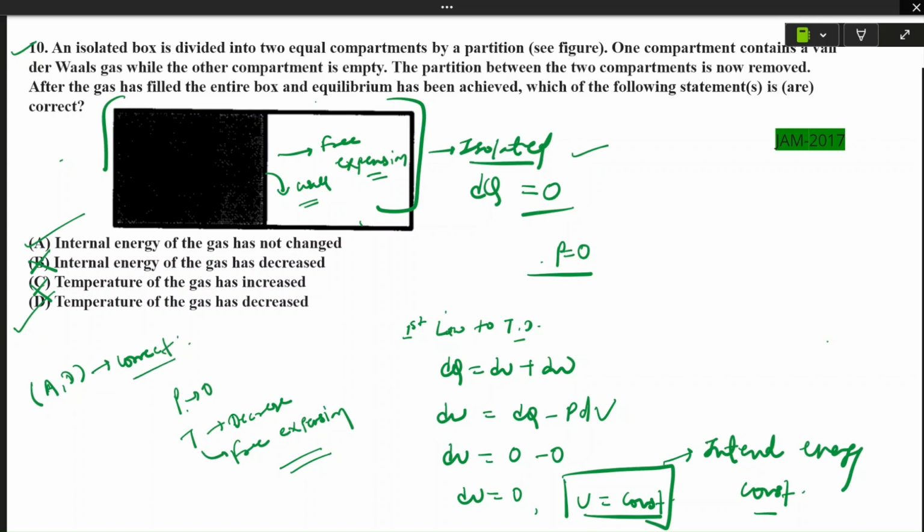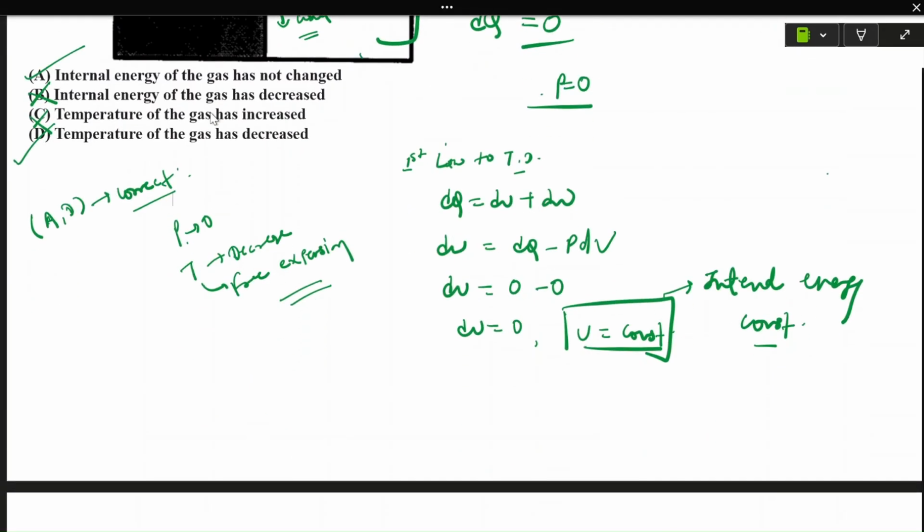Okay, so now we move on to the next question. That is question number 11. In this question, consider a Carnot engine operating between temperatures 600 Kelvin and 400 Kelvin.